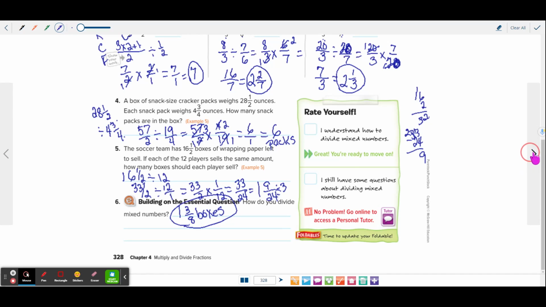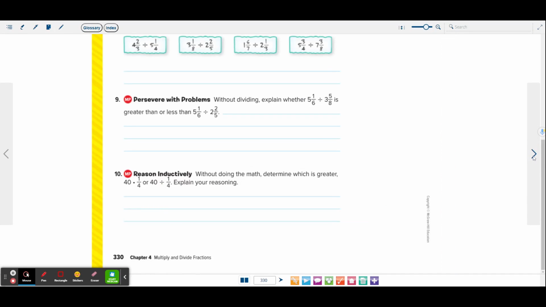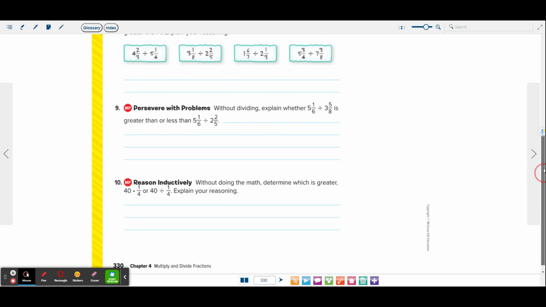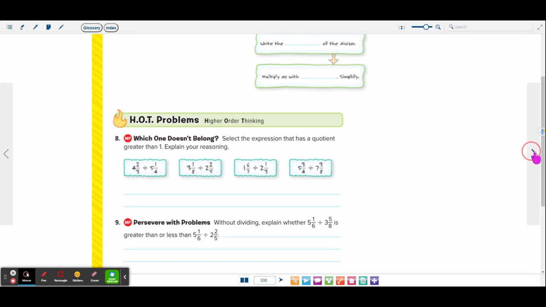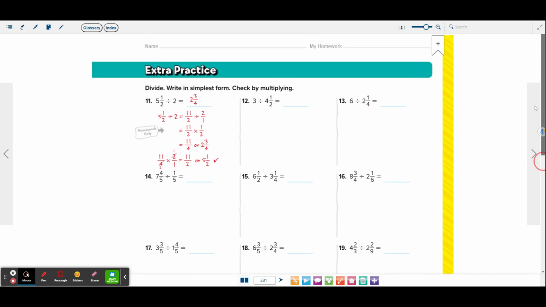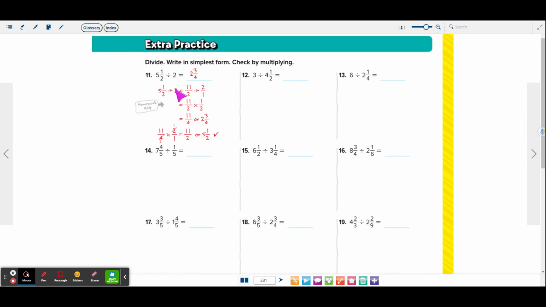Now, your homework, like I said, is going to be page 331. So 11 is already done for you. So you're going to start with number 12. And I want you to show your work on each of these, just like we did there. If you're not showing it in these boxes, I want you to get that paper that we're supposed to be working on, the work paper.